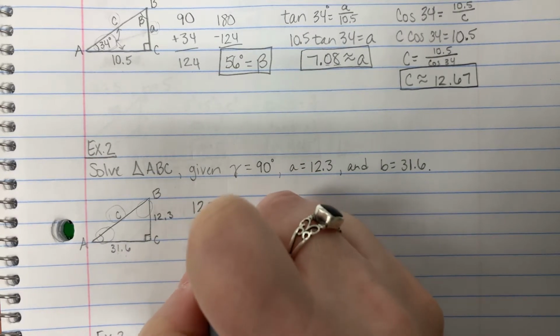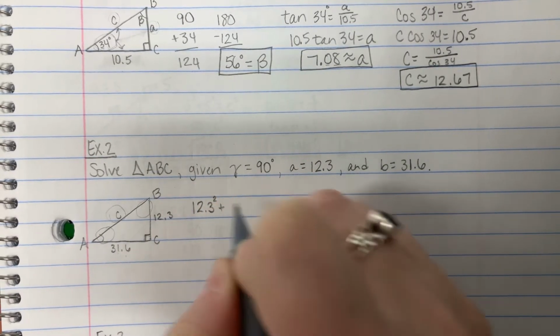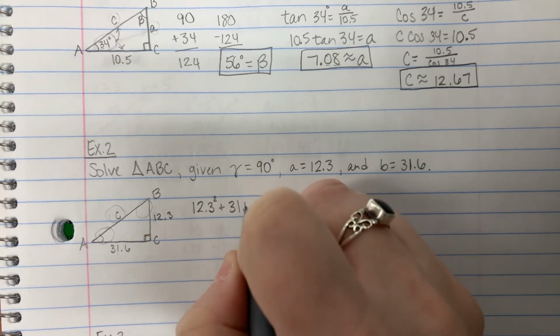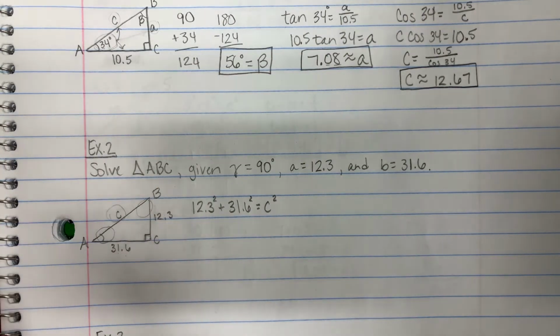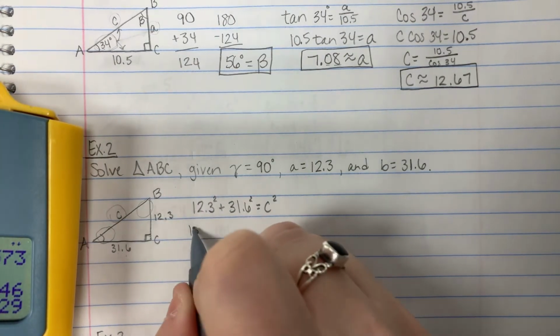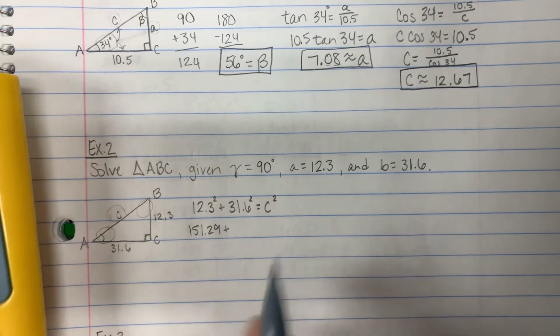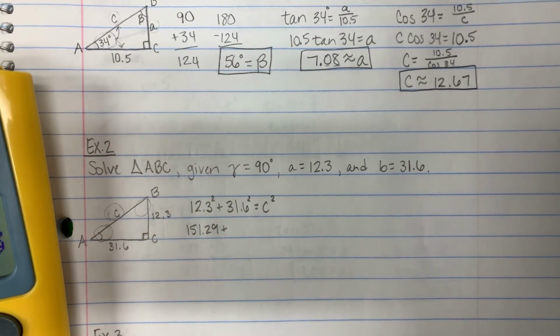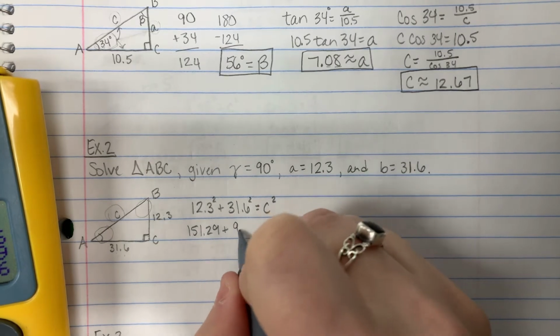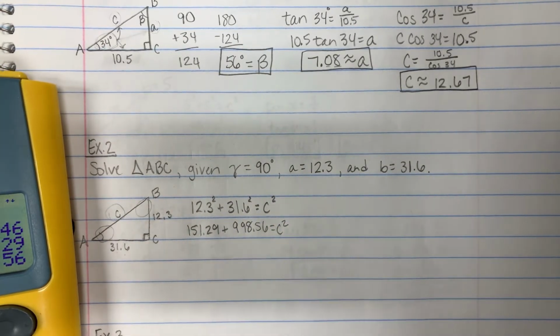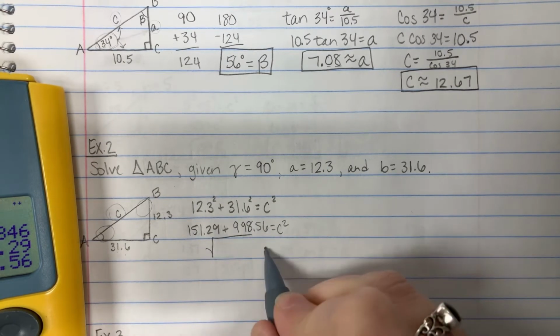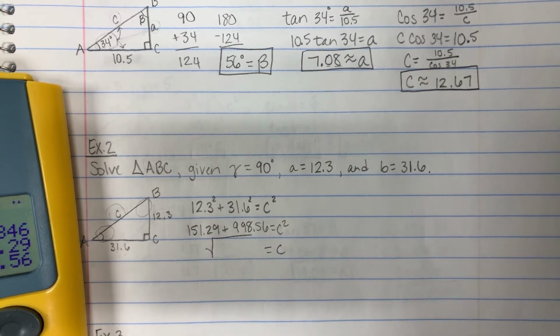So A squared plus B squared equals my C squared. So 12.3 squared is 151.29. 31.6 squared is 998.56. So if I add those together and square root both sides, that's going to give me C.